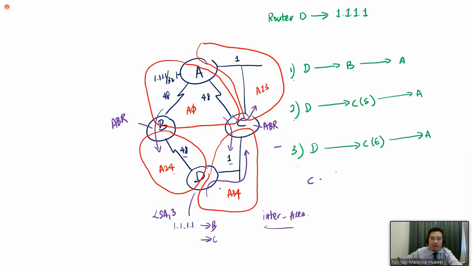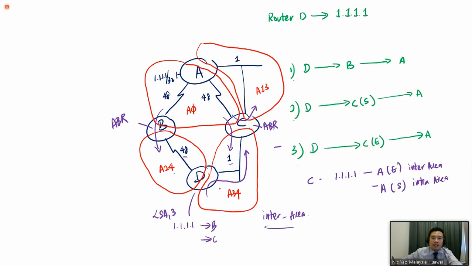When I go up to router C, I also learn both directions. 1.1.1.1 is reachable through router A, one using the Ethernet and one using the serial interface. But which one am I using? Before you select, you need to know. For the Ethernet, you learn this from inter area. For the serial link, you learn it as intra area. So between intra area and inter area, which one will be better?